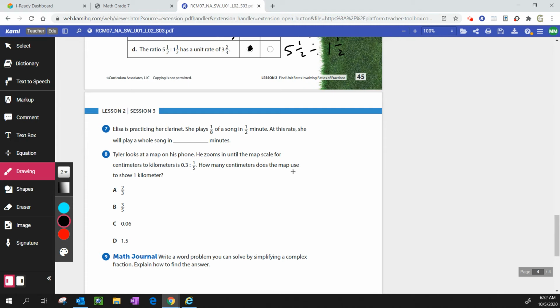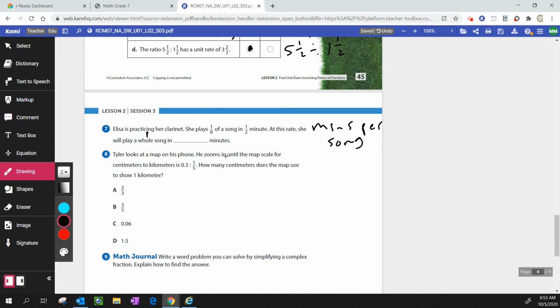So what I need to know is really I'm looking for the label minutes per song, because I want to know how many minutes for a whole song. So a whole song would be one song, right? So that's where you got to be careful with your labels.